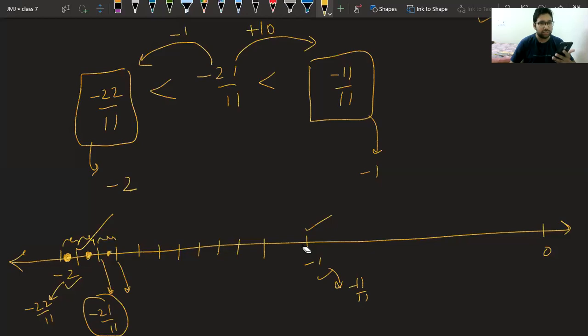This is 3, 4, 5, 6, 7, 8, 9, 10, 11. Now I think it is clear to you. We have 11 only. It is a concept, I'm giving you a hint: you have to draw 10 lines for 11 intervals. If you want to draw 12 intervals, you will draw 11 lines, and that's it.